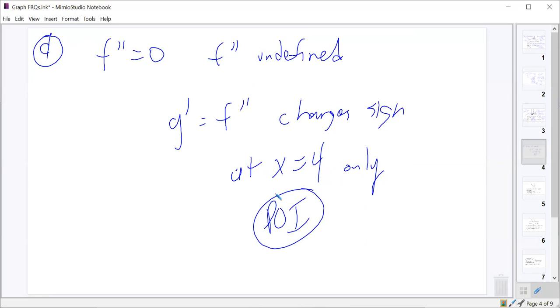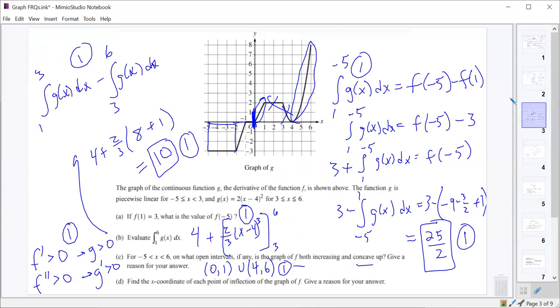Good or no? Wait, so what made all those other points not points of inflection? Like what was the criteria that they had to meet that they did not? G prime has to change signs. Has to go from positive to negative or from negative to positive. G prime is the slope of this function, slope of G. So for example, at -2, we went from a slope of 0 to a positive slope.